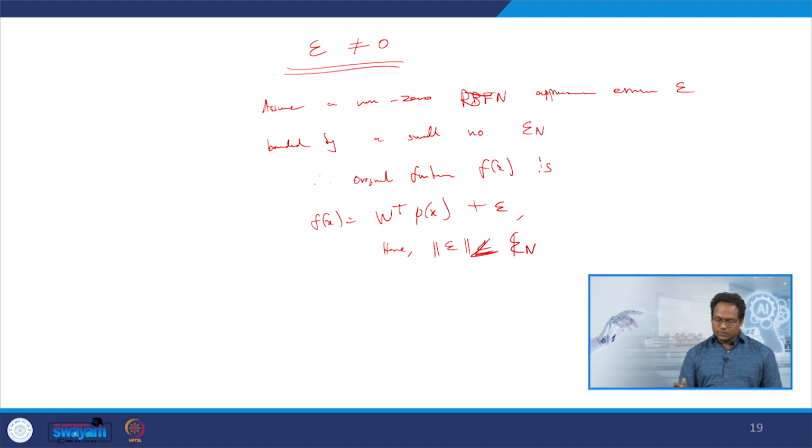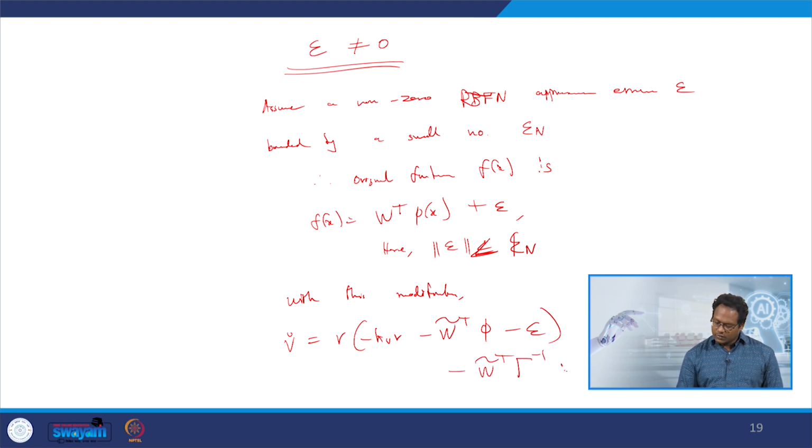Okay. So, with this modification, the time derivative of the Lyapunov function candidate V dot becomes r into minus kV r minus w tilde transpose phi minus epsilon minus w tilde transpose gamma inverse w hat dot, which is say equation number 14.